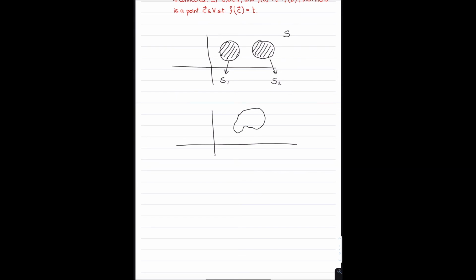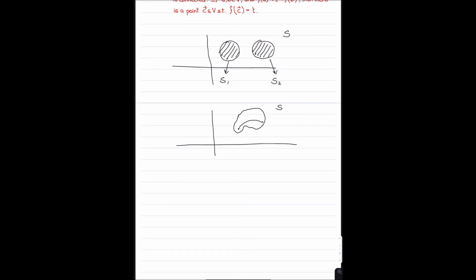So if I have this point and this point right here, then this set is path connected if for any two arbitrary points, I can always draw a line that joins those two points, and that line needs to lie inside the set S.